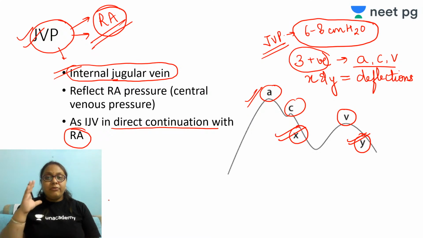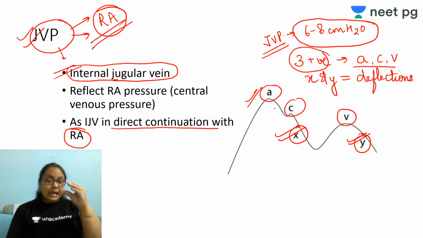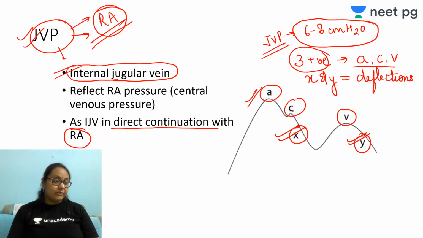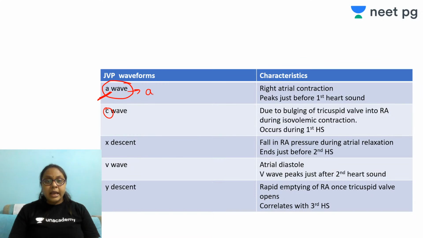Now, first of all, why are these waves there? Why are A, C and V there? And remember, A is taller than the C wave. Remember it like this: from A we will talk about atrial contraction, of the right atrium.